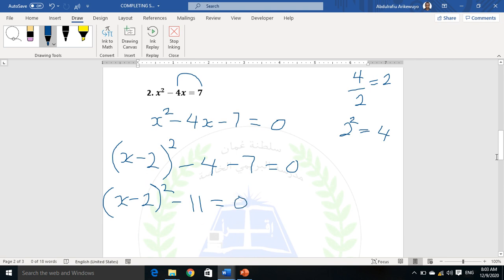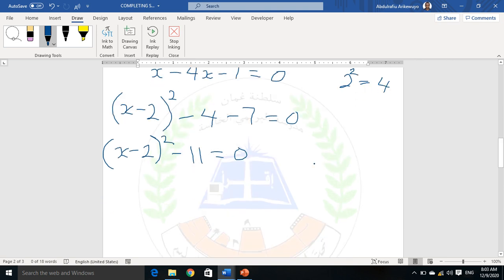Okay, so I have this. Now, the next thing I do is to take 11 to the other side. I take it like this, right? So it becomes plus. So I have x minus 2 all squared is equal to 11.